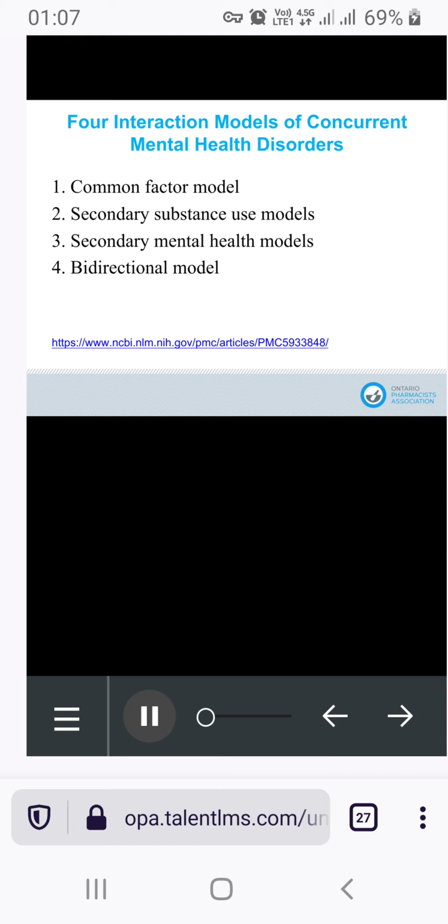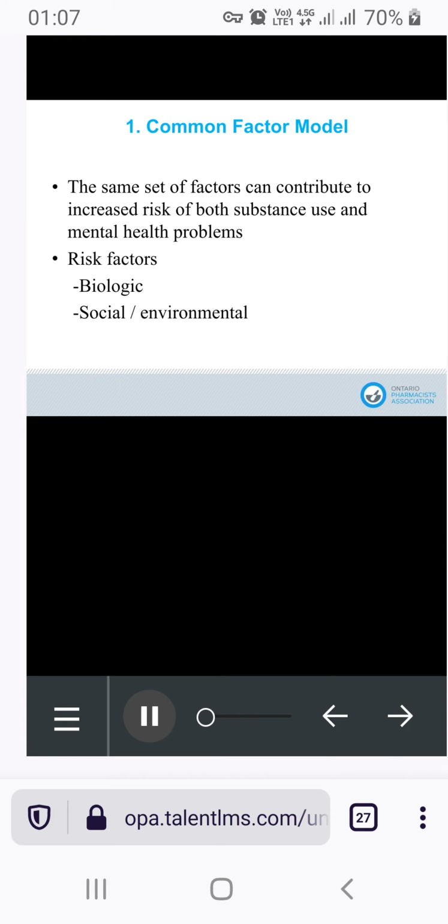Four interaction models of concurrent mental health disorder: 1. Common factor model, 2. Secondary substance use model, 3. Secondary mental health model, and 4. Bidirectional model. In the common factor model, the same set of factors can contribute to increased risk of both substance use and mental health problems.